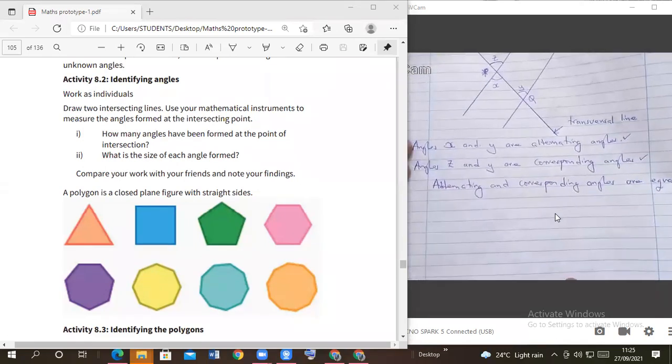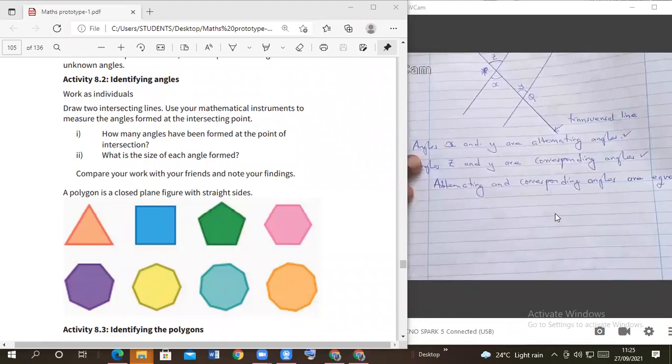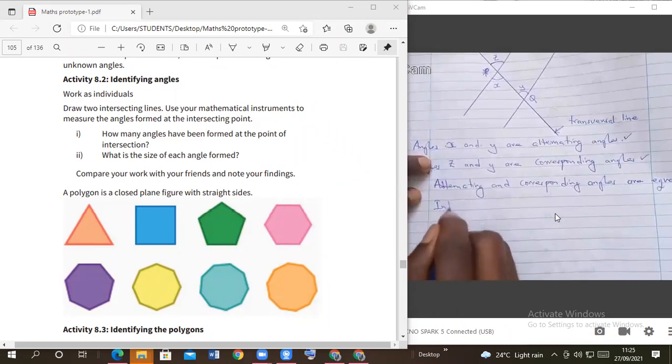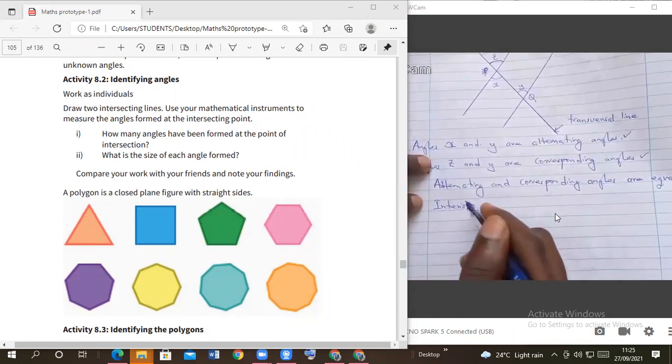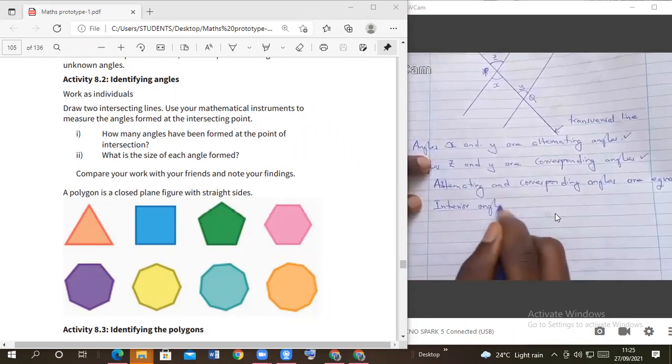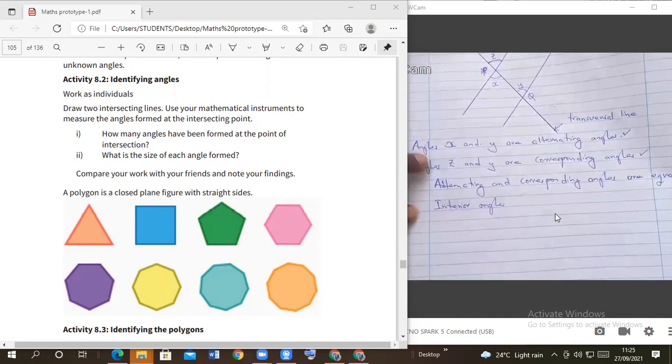After that, let's look at another heading, interior angles.